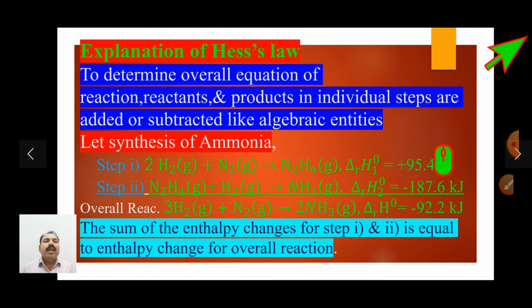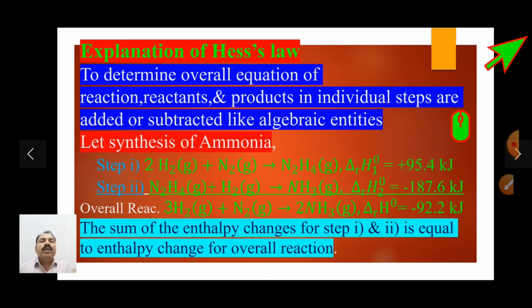Let us take the synthesis of ammonia, having formula NH3. Step 1: 2 H2 gaseous molecules combine with N2 gaseous molecule. There is formation of N2H4, which is also a gas, and the standard change in enthalpy of the first step is plus 95.4 kilojoules.